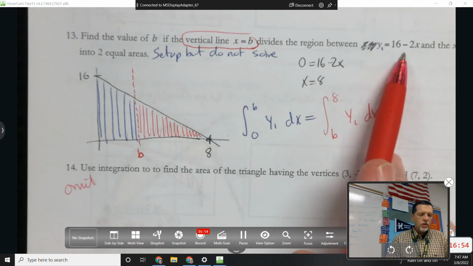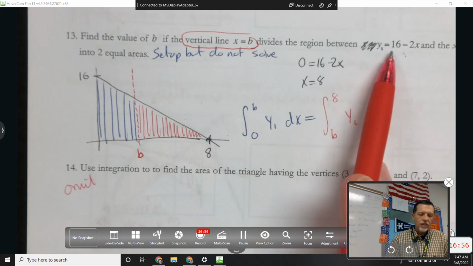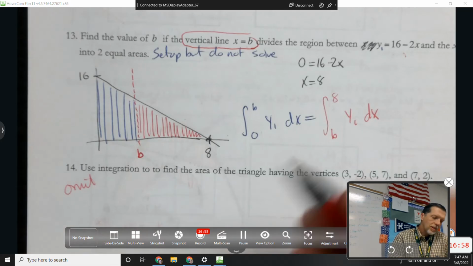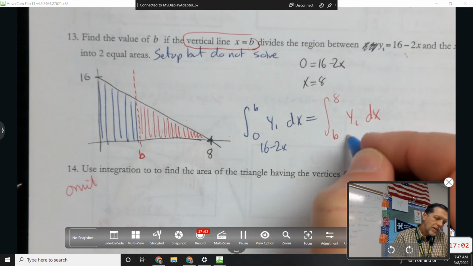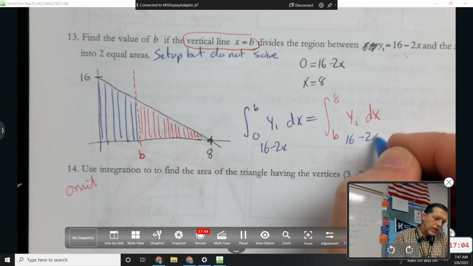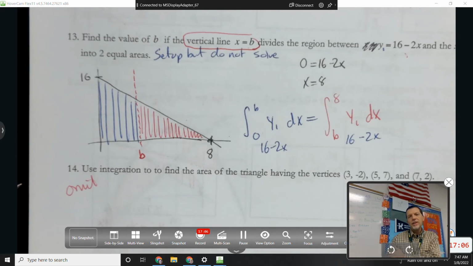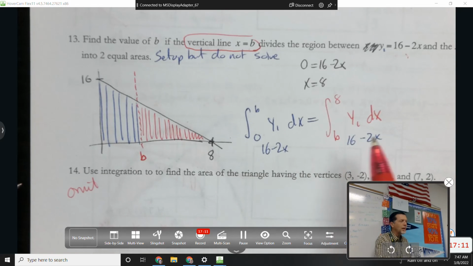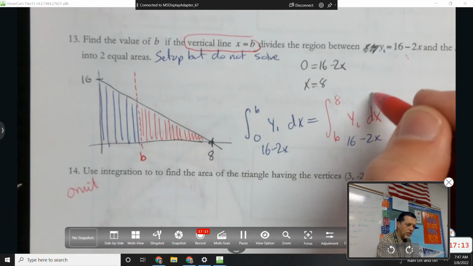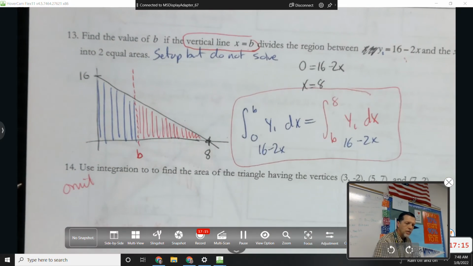Because this one you could solve, because you could actually integrate 16 minus 2x by hand. And it wouldn't even be terrible. It'd be 16x minus x squared, and then you'd plug in 0 and b and 8. It'd be a lot of algebra, but that's why I switched it to setup but do not solve.